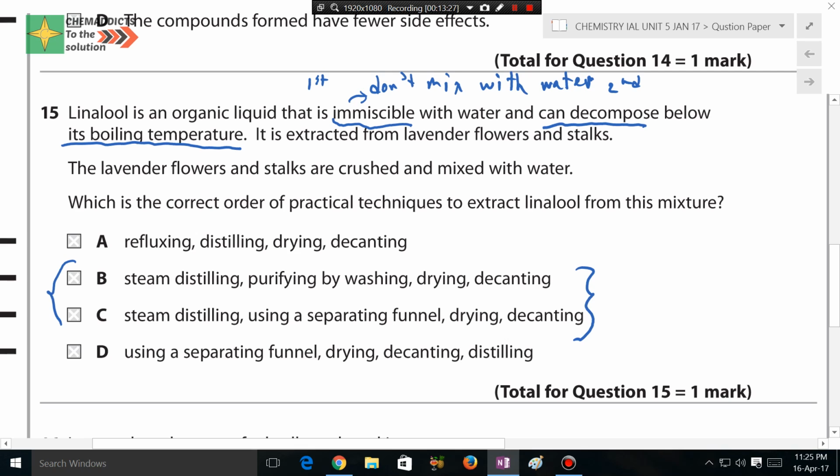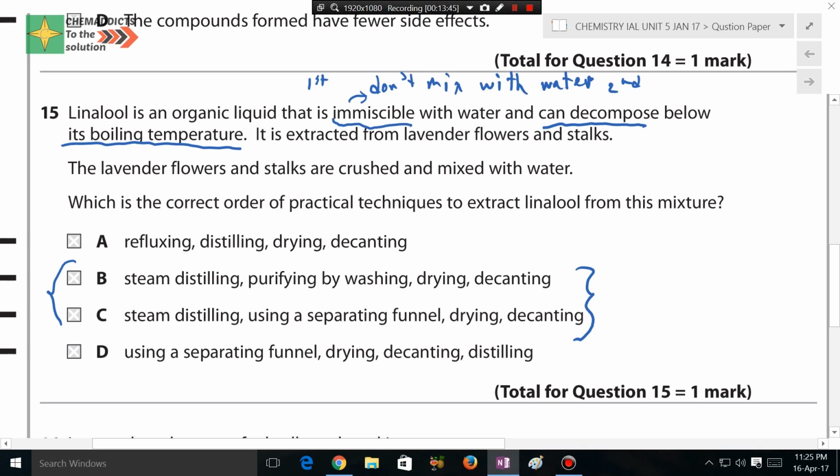For separating a precipitate from the solution, we will use this technique: drying, decanting, distilling. We're going to use option D for separating precipitate from the solution.